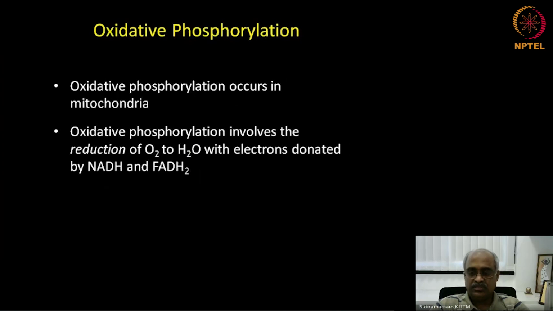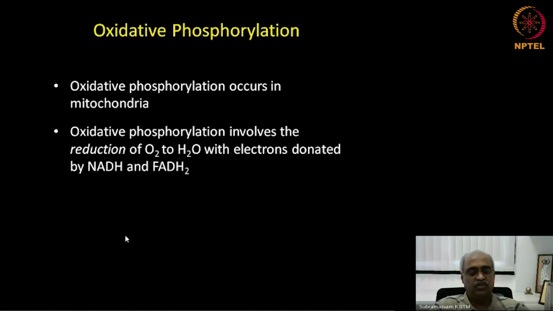This process happens in mitochondria, and as I mentioned in the last class or the one before that, this was discovered by the author of this book, Albert Lehninger, and another scientist by name Eugene Kennedy. Today we will get into the individual steps of this oxidation of the electron carriers in successive steps.